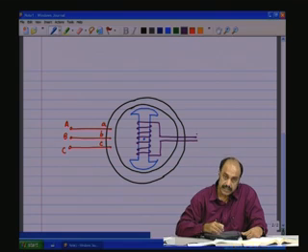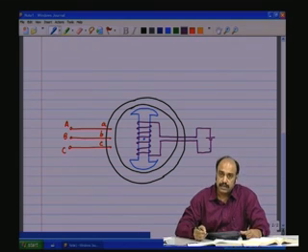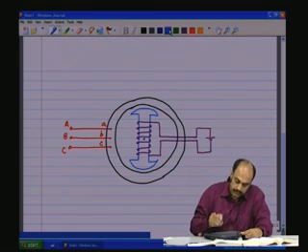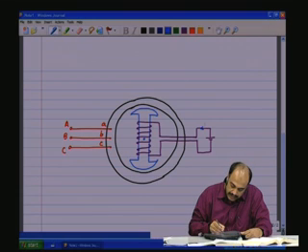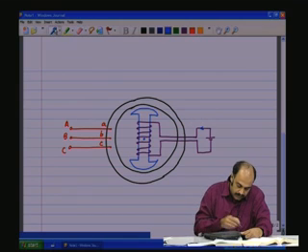Now here we supply a DC voltage. If I supply a DC voltage, there is going to be a current that flows, and we will call that I field.